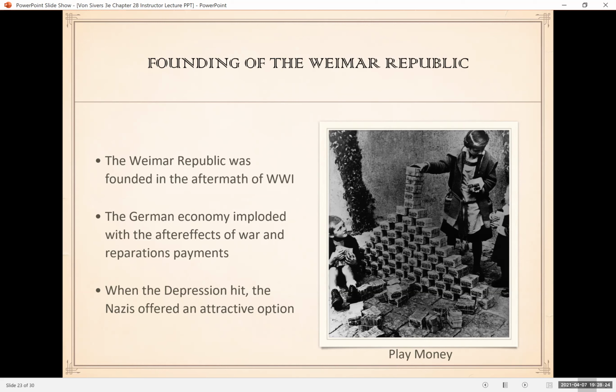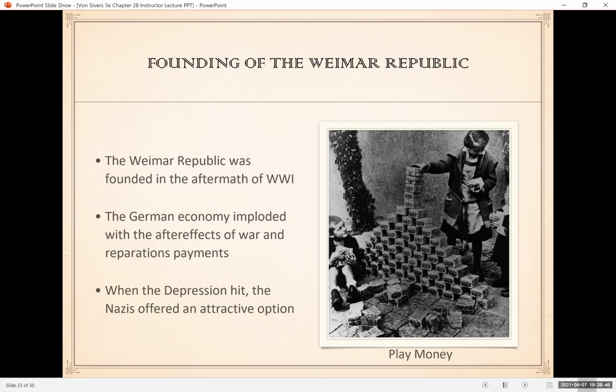And so, who's going to take over the government? Government's gone. And so a group of parliamentarians are going to take their parliamentary system and create a republic. And they are doing so in the city of Weimar. So this republic is known as the Weimar Republic.